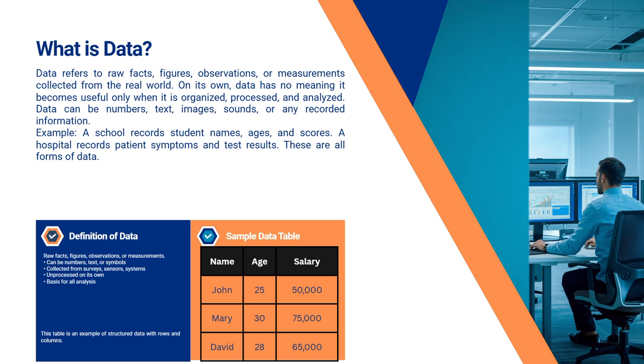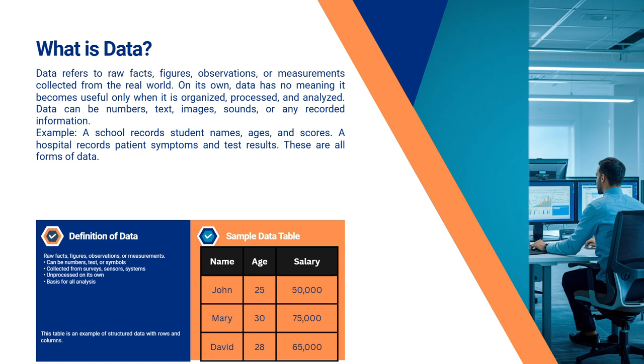What is data? Data refers to raw facts, figures, observations, or measurements collected from the real world. On its own, data has no meaning. It becomes useful only when it's organized, processed, and analyzed. Data can be numbers, text, images, sound, any recorded information.